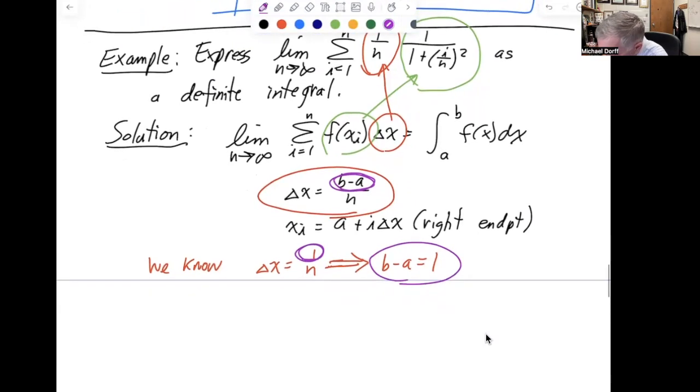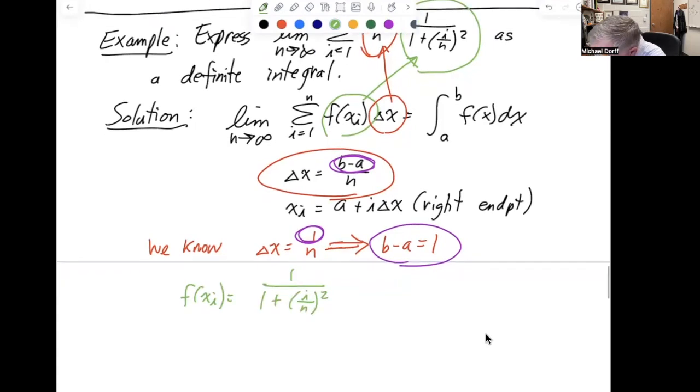And then what else do I know? I also know from the green part that the f of x sub i equals 1 over 1 plus parentheses i over n quantity squared. All right, this suggests to me that my f of x is going to be 1 over 1 plus x squared.